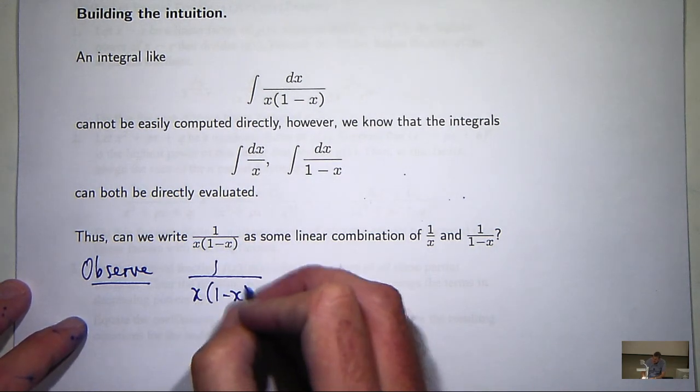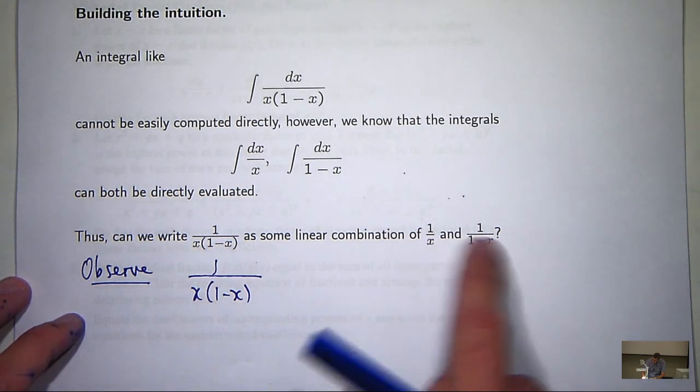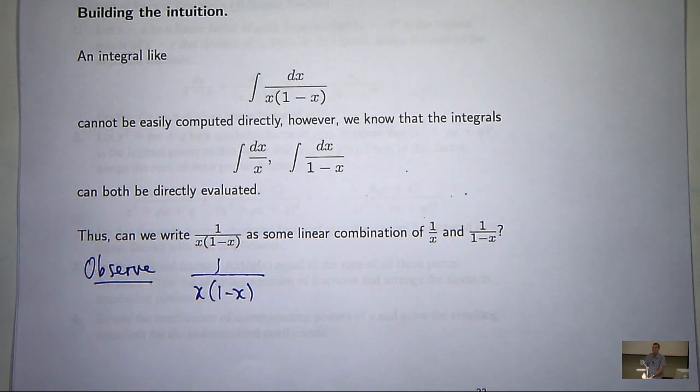How can I turn this into a linear combo, just a combination of these two things? Well, there's a fast way and a slow way. The fast way, and the way that I absolutely recommend that you should look at, is to play with the numerator, that one on top.